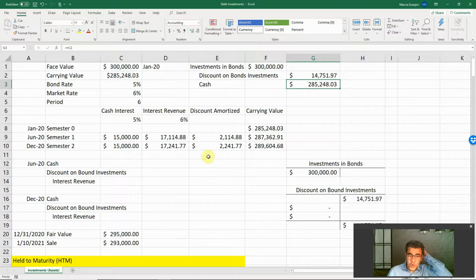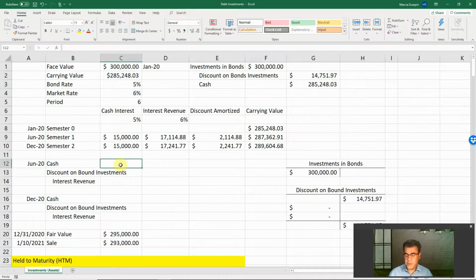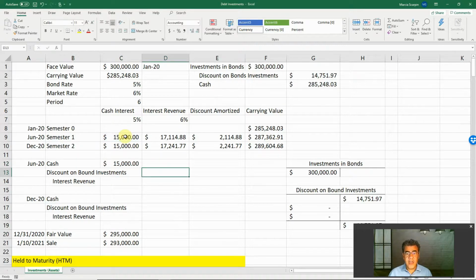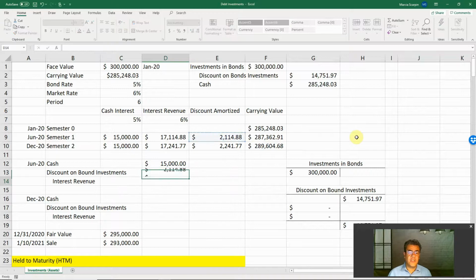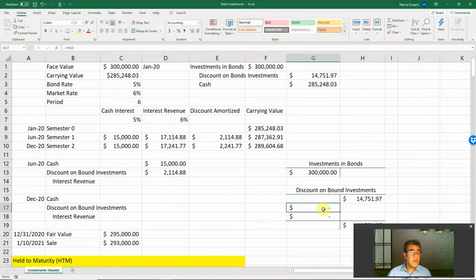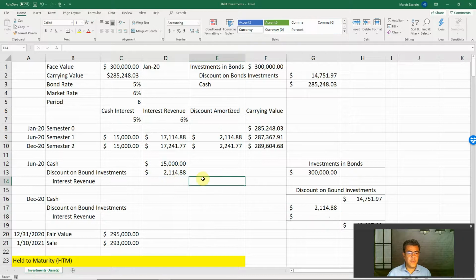Okay, now June 2020. What do we have here? Cash. How much we receive? Cash interest, 15. Discount. Oh, sorry. And we amortize our discount. We amortize here this 2000. Okay, and interest revenue is the number to balance.